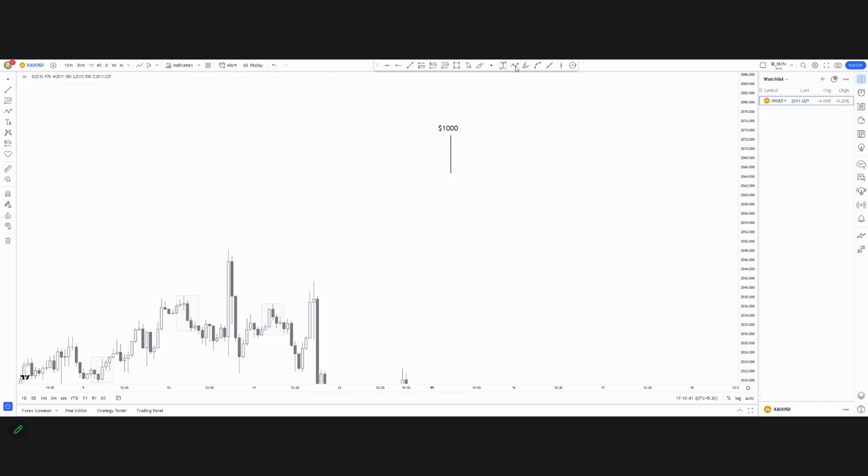Now you only have $500 in your account. Why did you lose 50% of your account? Because of poor win rate. You don't have a win rate, so you lost 50% of your account, right?